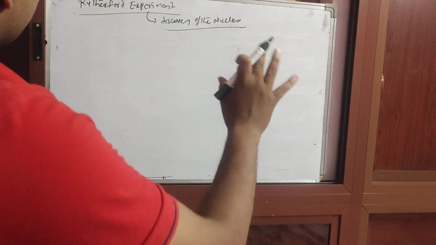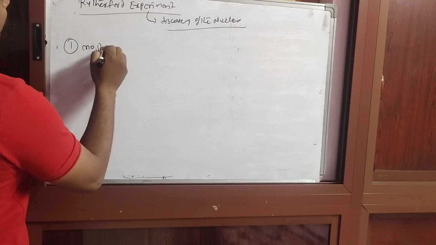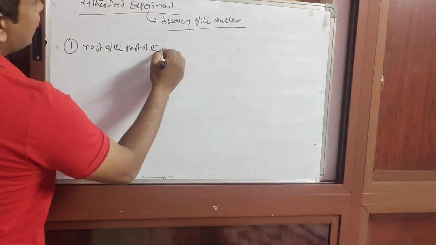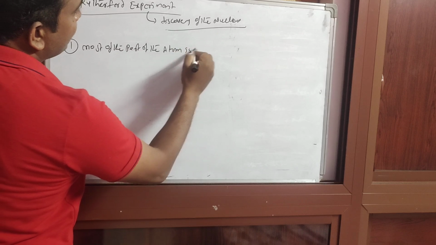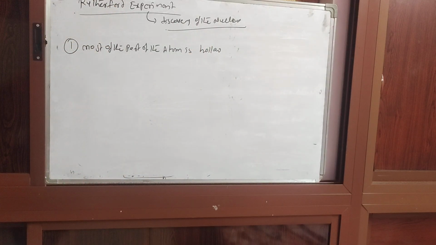What he observed by doing the alpha particle experiment: most of the part of the atom is hollow. Hollow means empty. Most of the atom is empty.